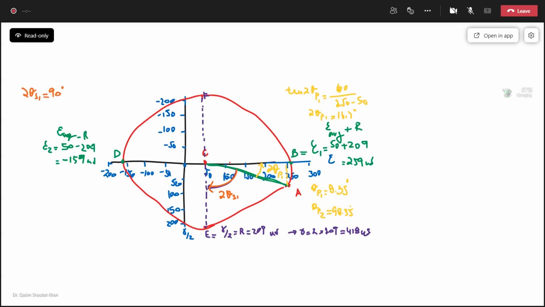Is that right? Yes, sir. So 2 theta S1 is equal to now 90 minus 16.7, 73.3.